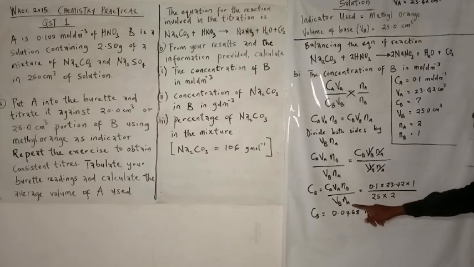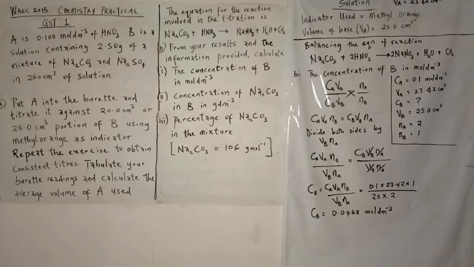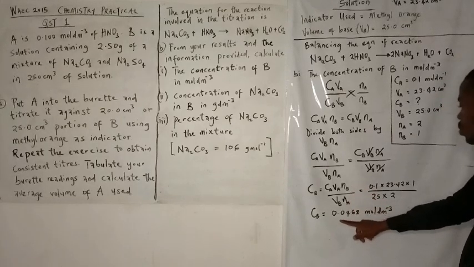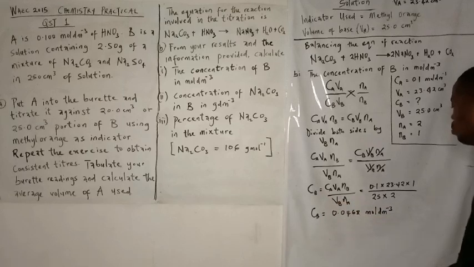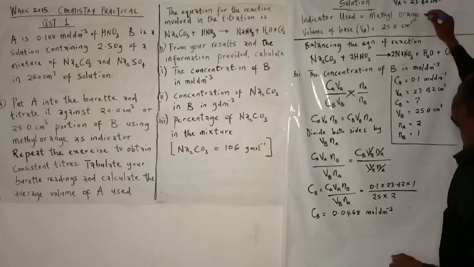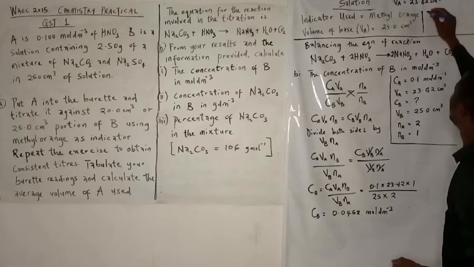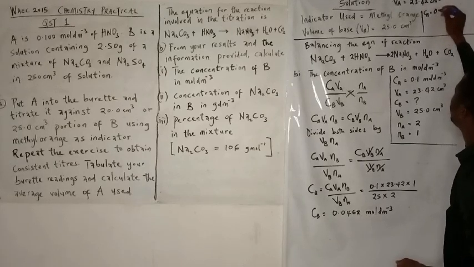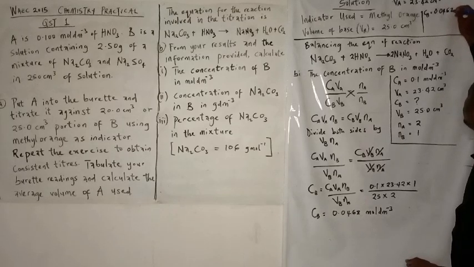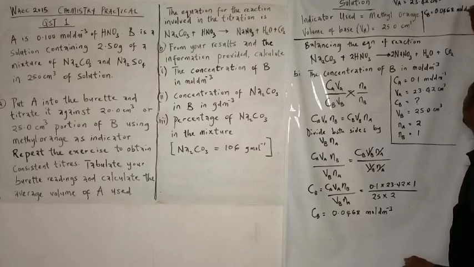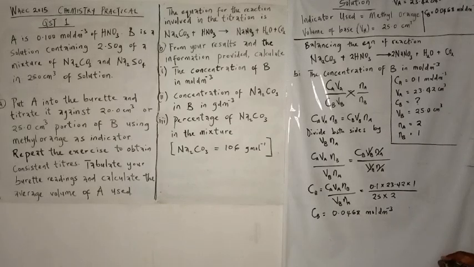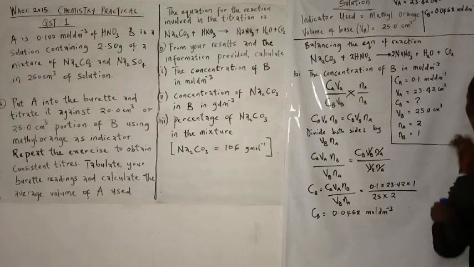And then our Na and our Nb don't have any units because they are just expressions in ratios. So the unit of Cb will be in mole per dm cube. So let me include that here as well, that our Cb is equal to 0.0468 mole per dm cube. So we have gotten the concentration of B in mole per dm cube.